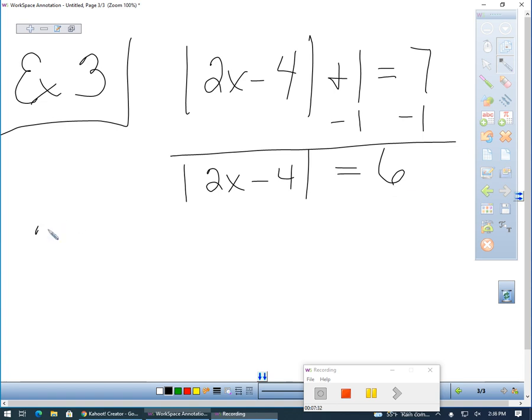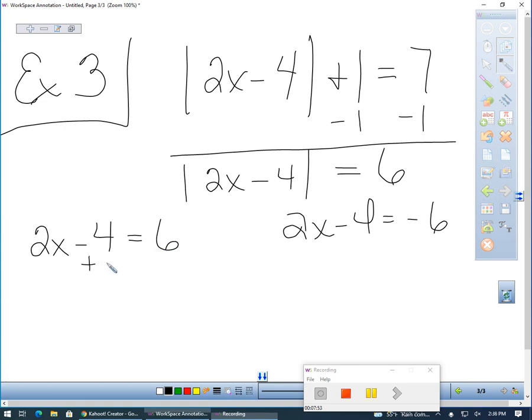The first one, 2x minus 4 equals 6. The second one, 2x minus 4 equals negative 6. Now we solve them. Careful.